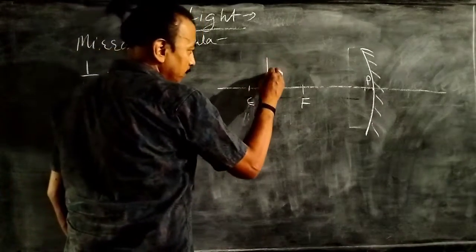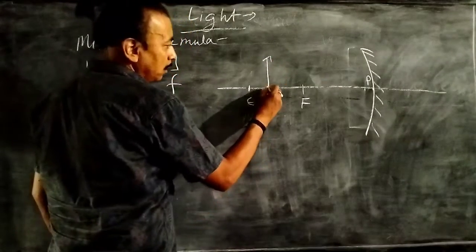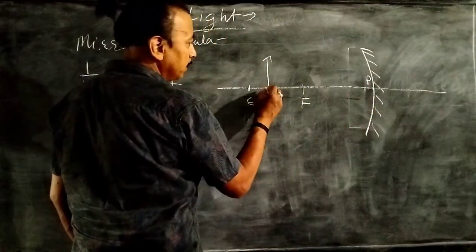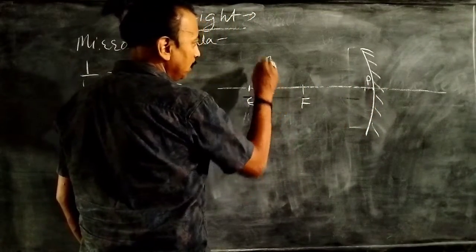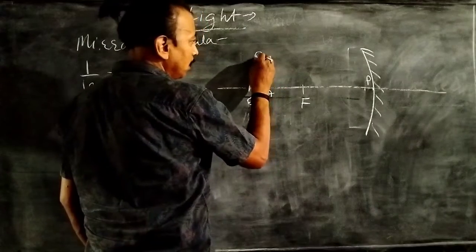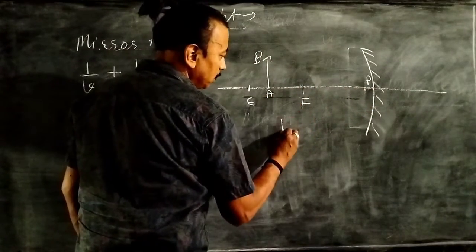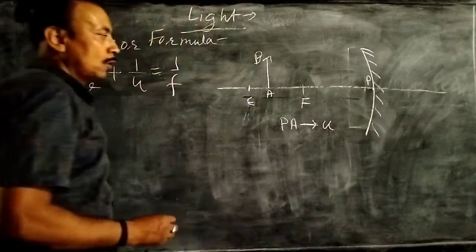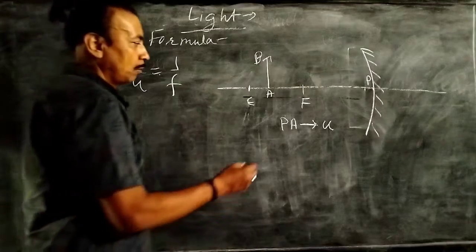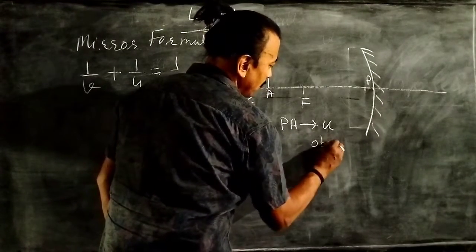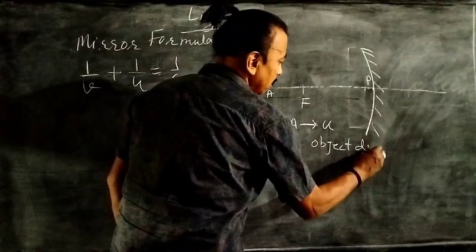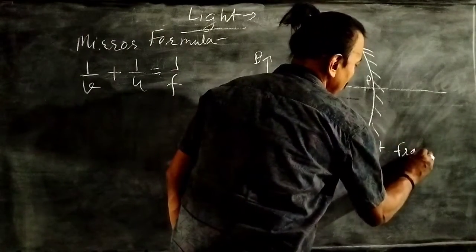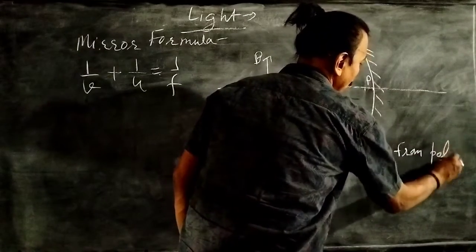Any object is put here, then along the principal axis, the distance between pole and this, suppose the object is AB, pole P and A, this distance PA is called U, means object distance from the pole. Pole of mirror.